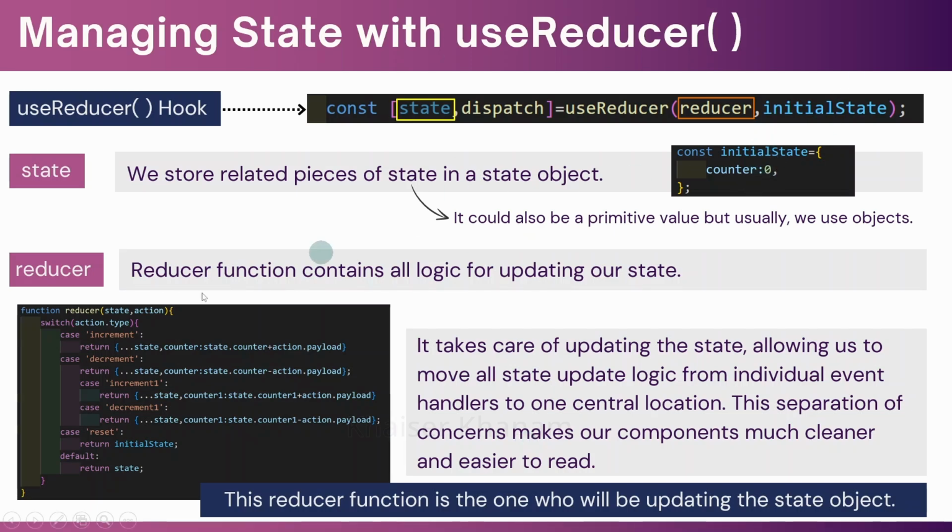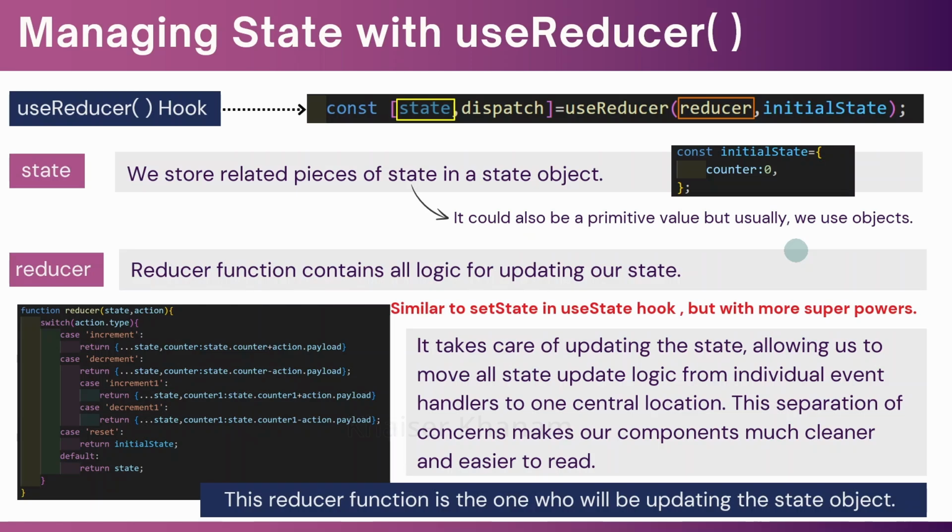It is the one that will be updating our state object, and based on the operation or the action, our object will be updated. So it is very similar to the setter function in the useState hook, but it has more superpowers.